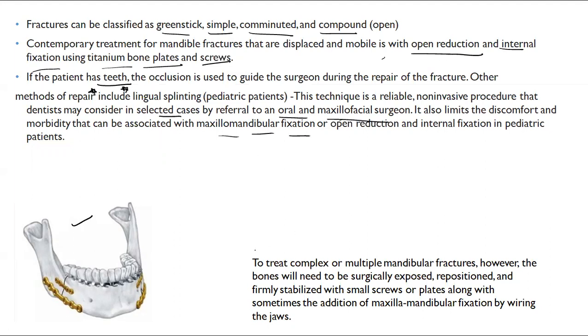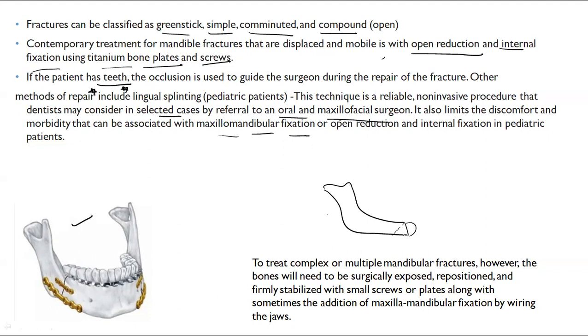But to treat complex or multiple mandibular fractures, the bones will need to be surgically exposed and repositioned and stabilized. So suppose, let me draw. Now, you can see a light crack. It can be fixed without invasive methods.